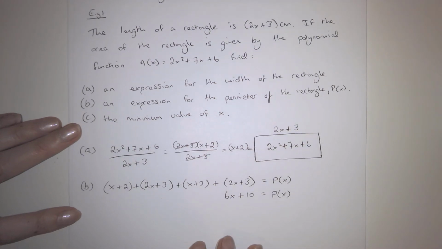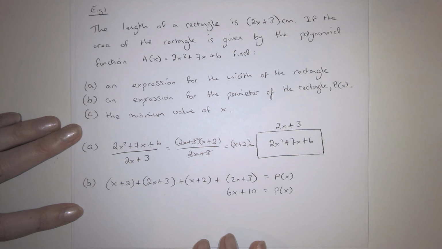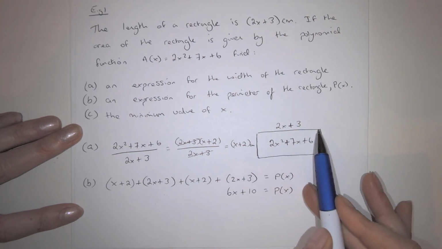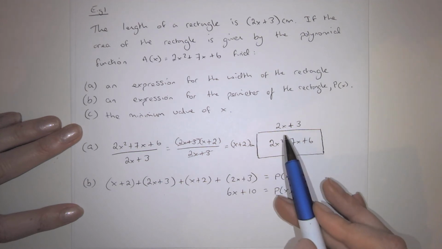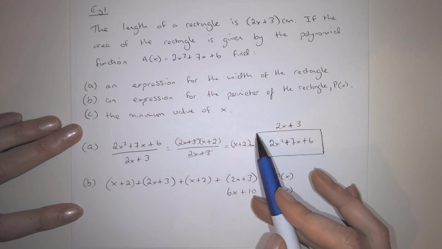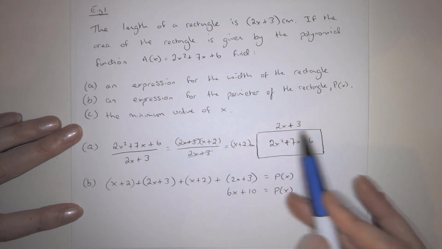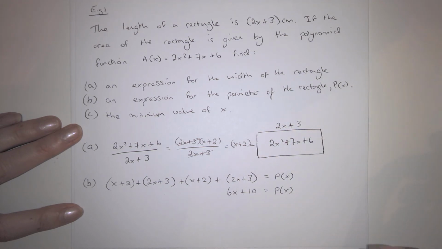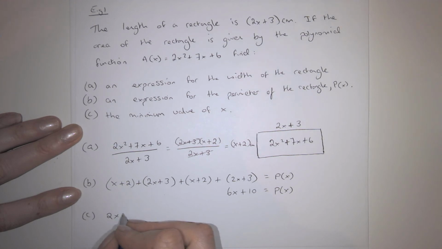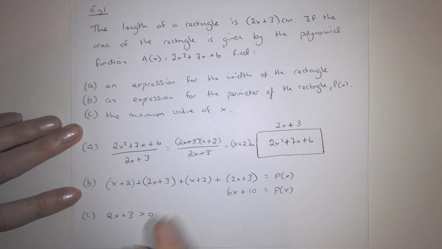And the last little bit then is just to find the minimum value of x. So if I look here, I'm going to go to my longest side. What I want to know is, what's the smallest value x can be, and basically I know that the smallest value that this length can be, it can get really, really close to 0, but it can't be 0 because it's a distance. So what I'm going to do is say 2x plus 3 is greater than 0.